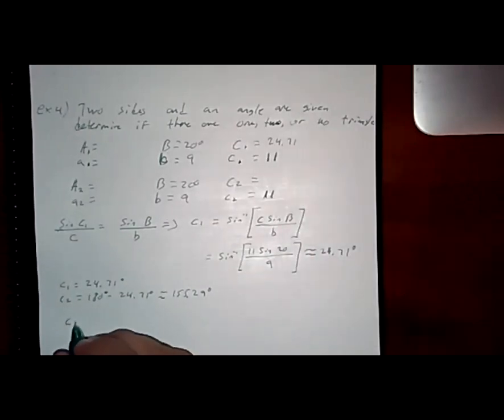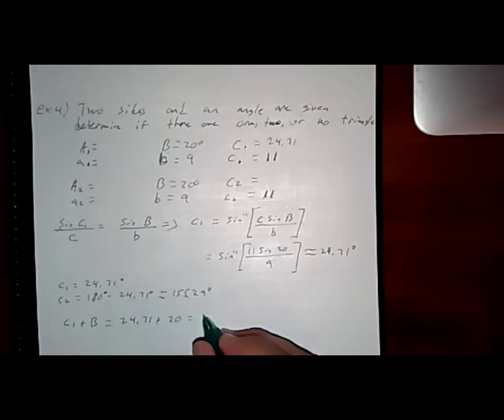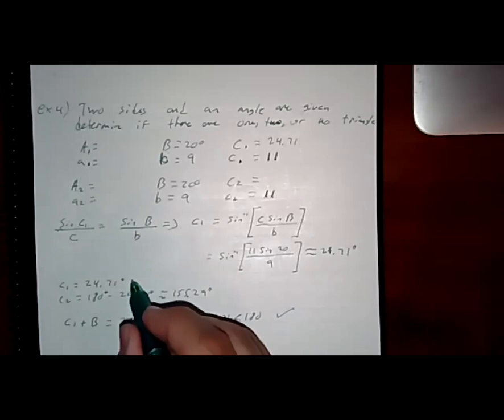C1 plus B is equal to 24.71 plus 20, which is equal to 44.71, and that is less than 180. So great, C is good.